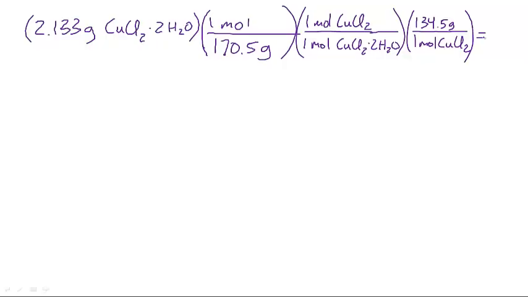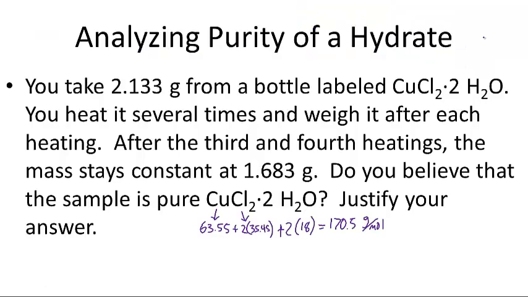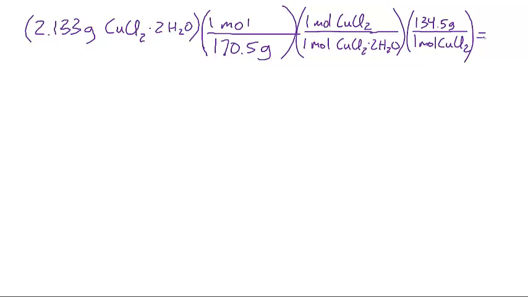So the idea is we started with the hydrate. We should end up with pure copper(II) chloride. And we want to see, well, did we end up with the amount of copper(II) chloride we'd expect? So as a calculation, that looks like this. You start with your mass of copper(II) chloride, use the molar mass to change it to moles. Molar ratio is 1-to-1, and then multiply by the molar mass of the unhydrated salt.